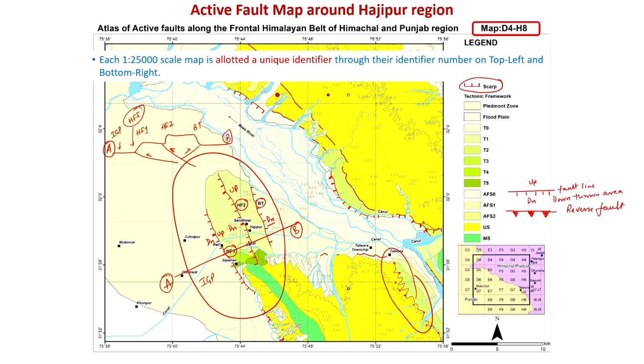Further, as we have been talking about, these maps have been catalogued with a unique number, and we used these two corners to name this sheet, or we can say the map. Here, if you see, we have D4 and H8.